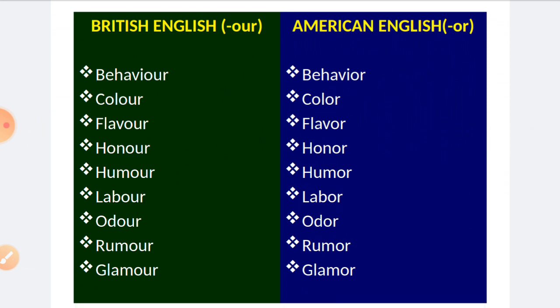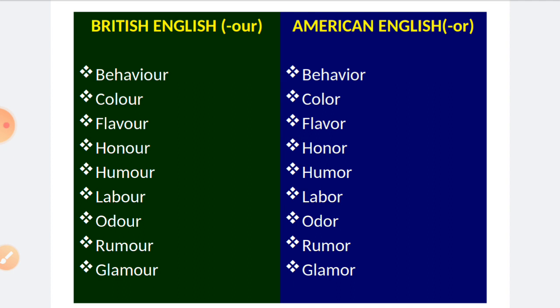The very first word, behaviour, in British English is written with a U, but in American English it is behavior. The U is missing. Similarly, colour is the spelling in British English. In American English, the spelling is color.